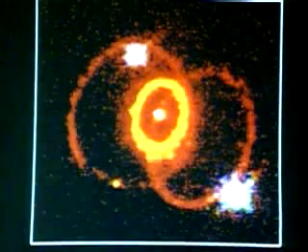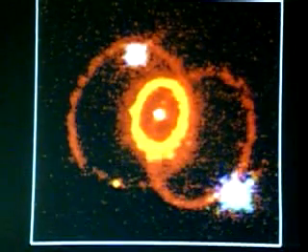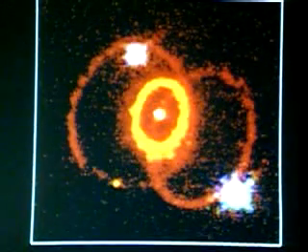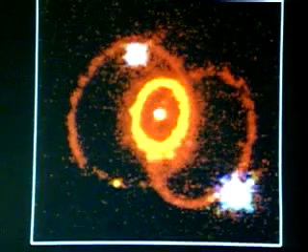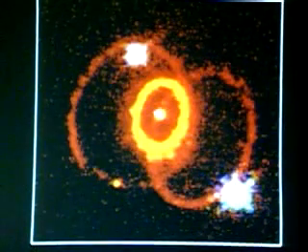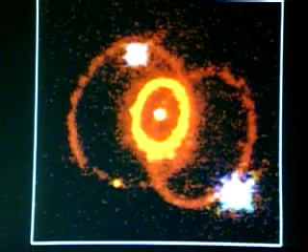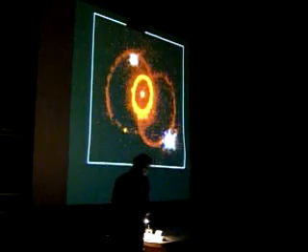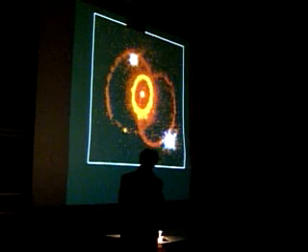Some 25,000 years earlier, it expelled gas in its equator. This is really a circle, although it looks like an ellipse because of the projection effect. This ring of matter moved out with a speed of about 8 kilometers per second, and it has a radius of about 8 light months.